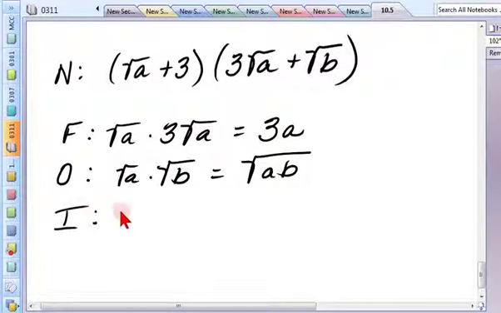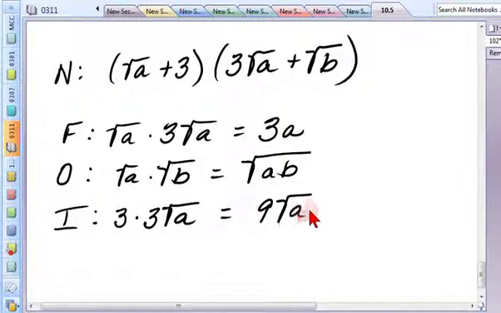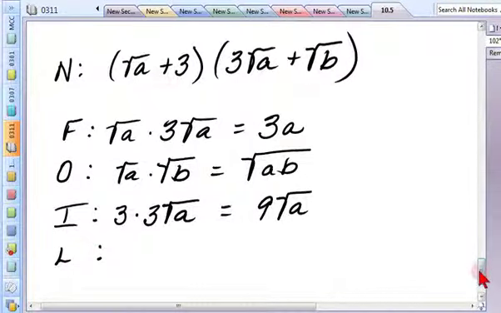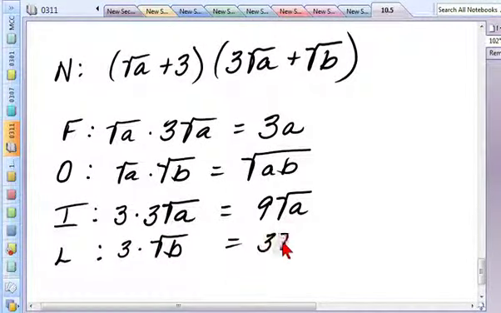Inner is 3 times 3 square roots of a, which is 9 square root of a. And in this problem, my outers and inners are not like terms. And that's because the two radicals were kind of different formats. This one had a b and this one didn't. So the last, product of the last, 3 times the square root of b is 3 times the square root of b. And there are no like terms. They're all positive.